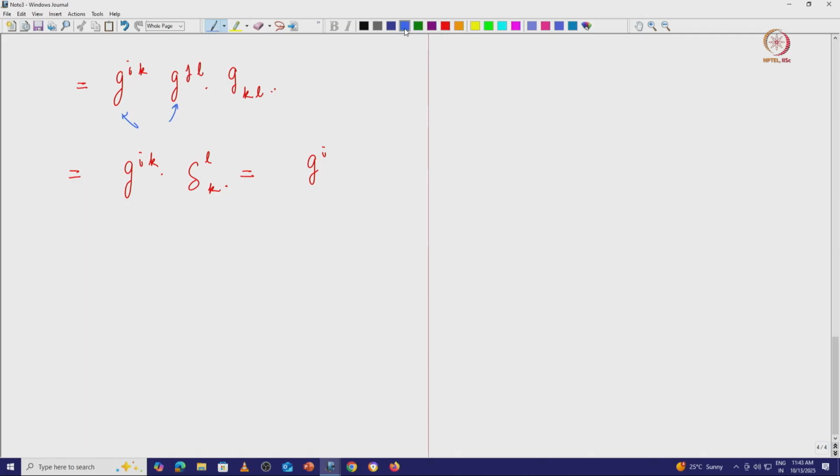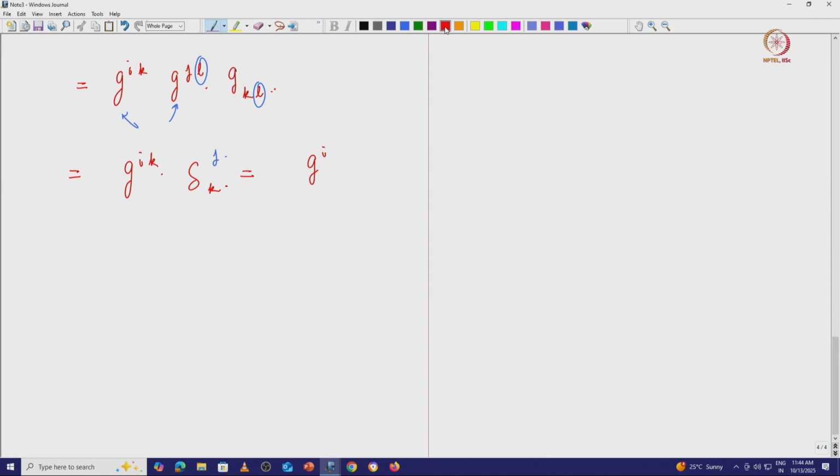Now the repeated index is this l, right? So if you are summing over l, you should get the Kronecker delta, which is delta jk, right.